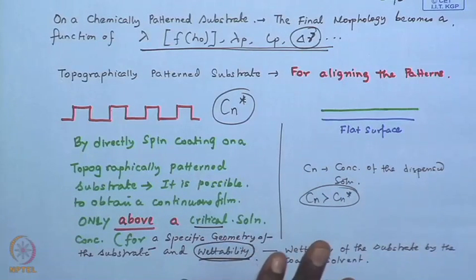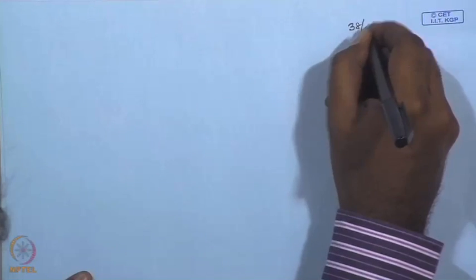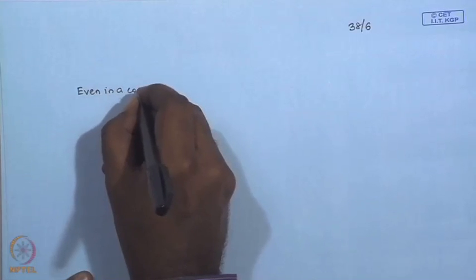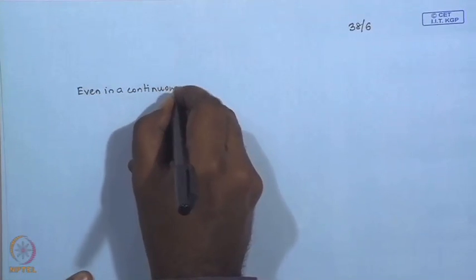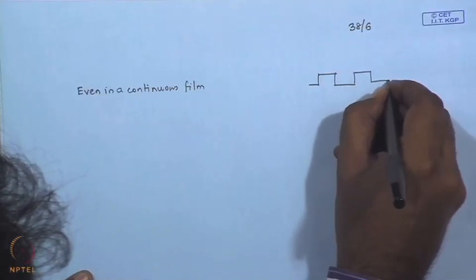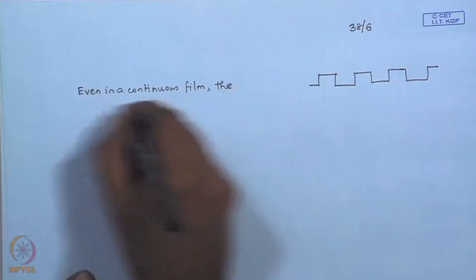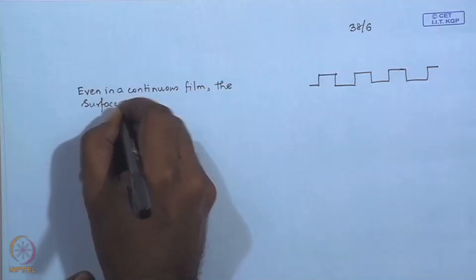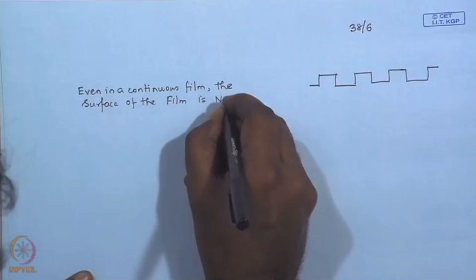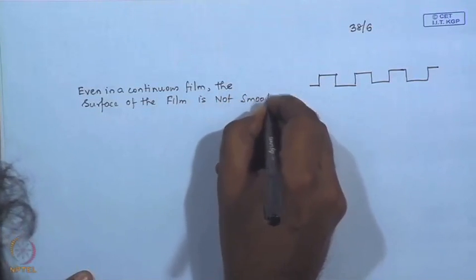And the other important thing is that though you get a continuous film, even in a continuous film, the surface of the film is not smooth. Okay.